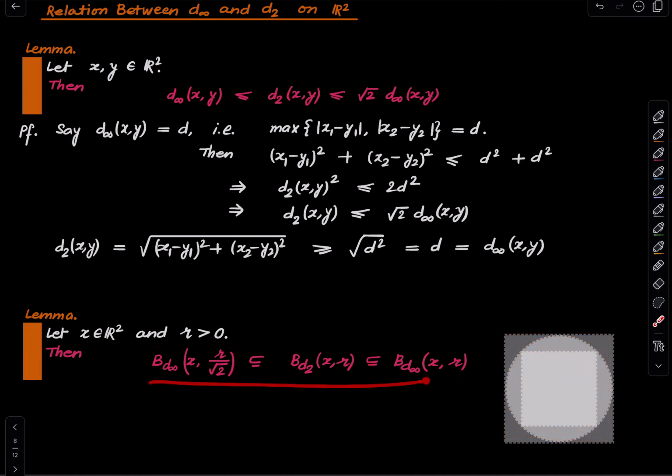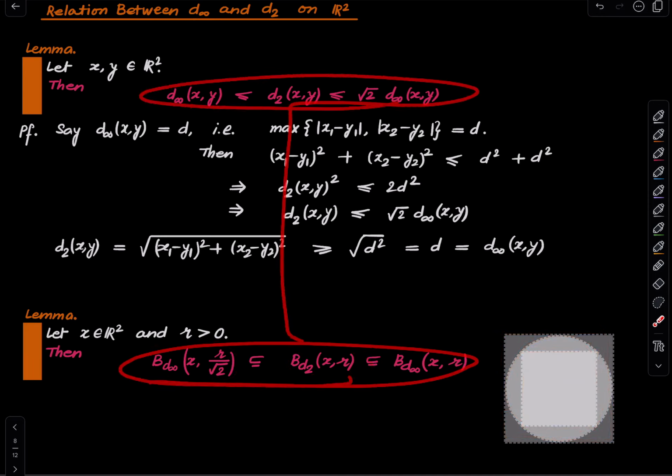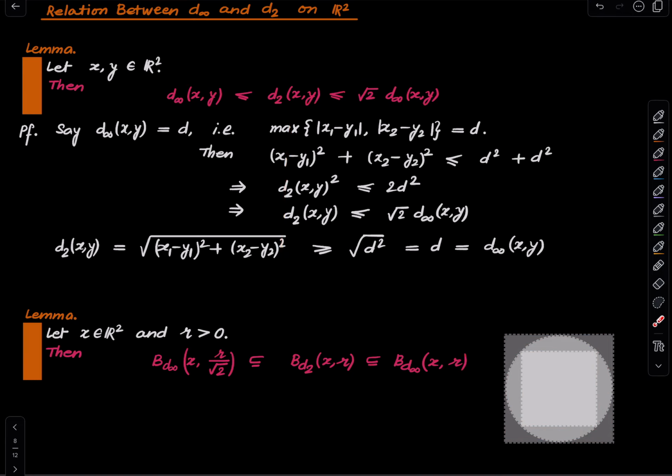This is exactly that. There is no difference between the two statements. So I'll leave the proof of this as an exercise. Just use this to prove that. And this can be geometrically understood very easily just by considering this figure. So please make sure you are able to correlate between this textual thing and the diagrammatic thing.